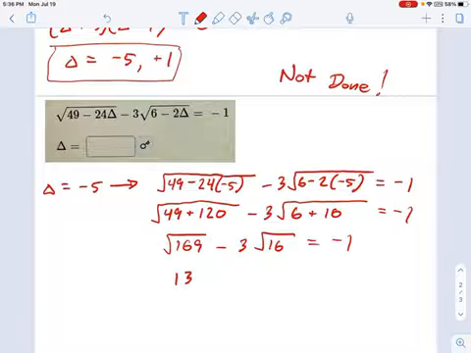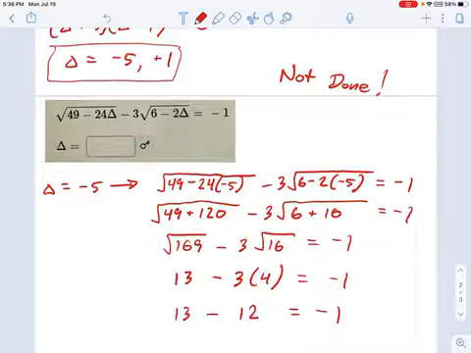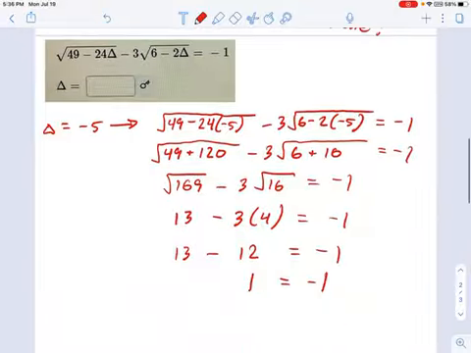Square root of 169 is 13. Square root of 16 is 4. So here's what this is saying. 13 minus 12 is negative 1. 13 minus 12 is 1. So looks like we found our first extraneous solution.